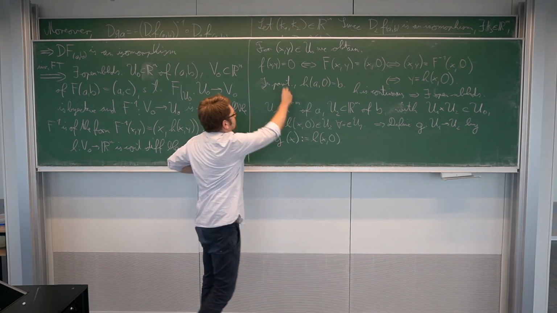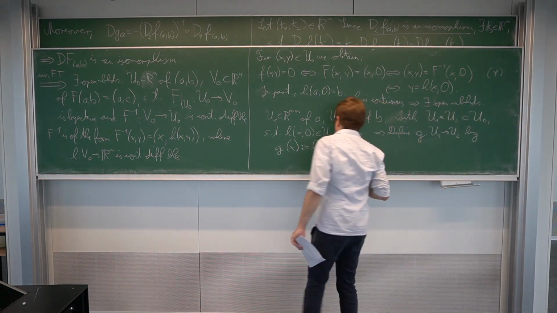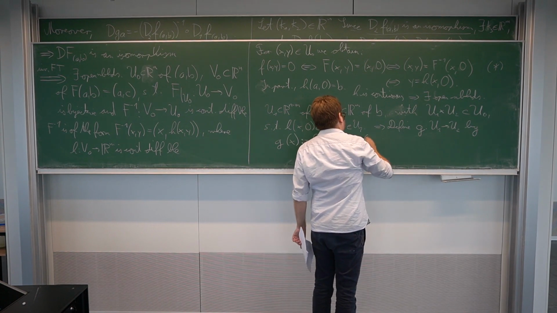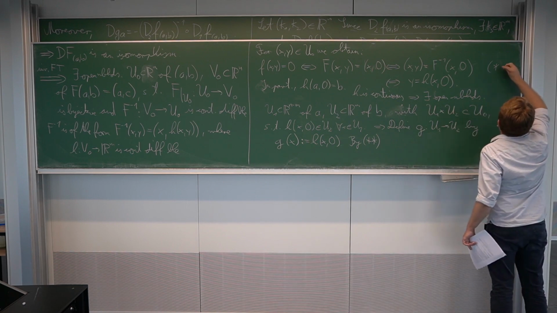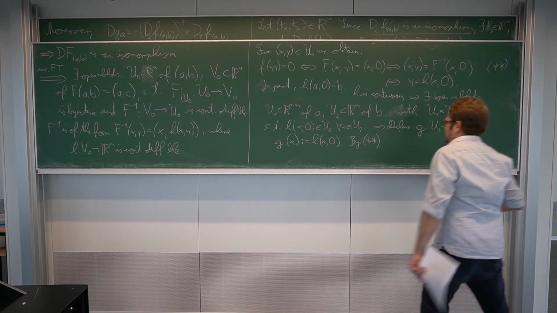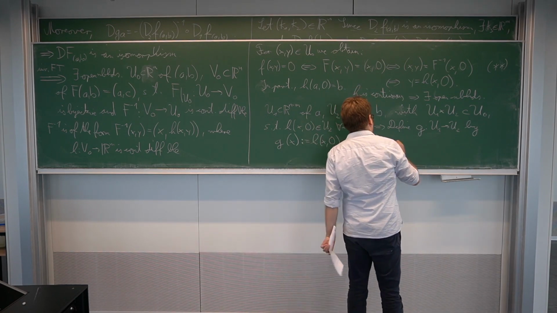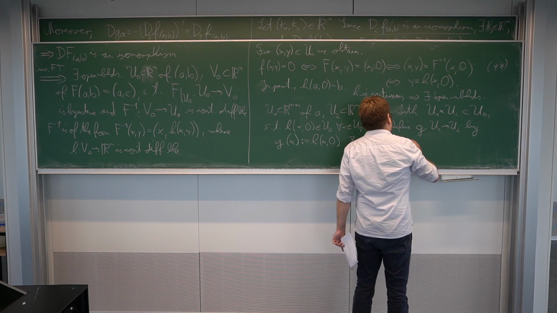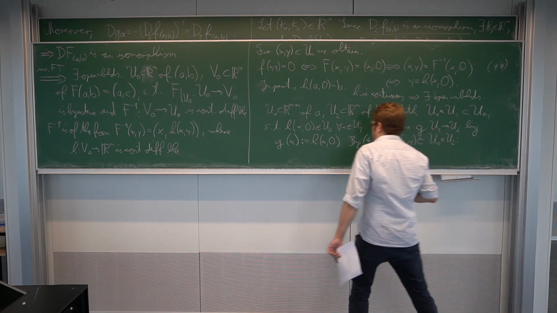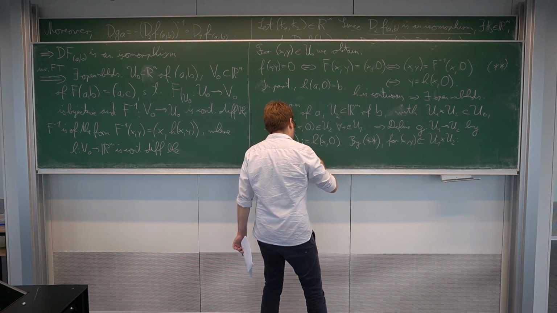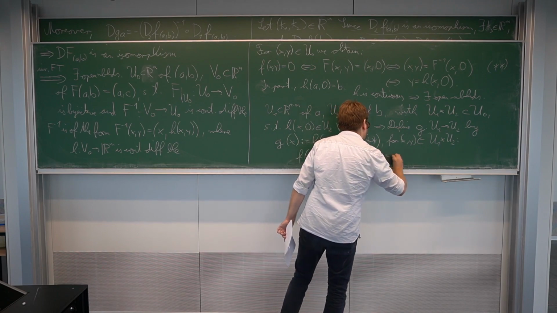And because of this equivalence, so by double star, sorry, star was the original equation system there, by this equation we have that for xy in u1 times u2, it holds that f of xy is equal to 0 if and only if g of x equals y.